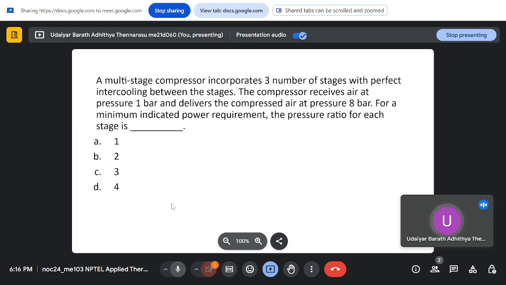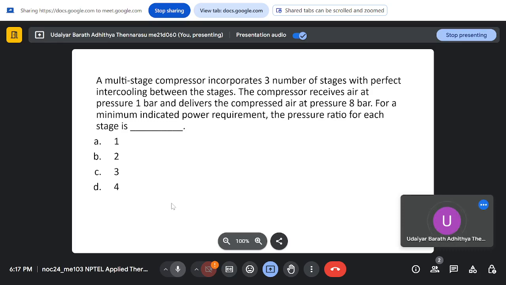So next question is, a multi-stage compressor incorporates 3 stages with perfect intercooling between the stages. The compressor receives air at pressure 1 bar and delivers the compressed air at pressure 8 bar. For a minimum indicated power requirement, the pressure ratio for each stage is?